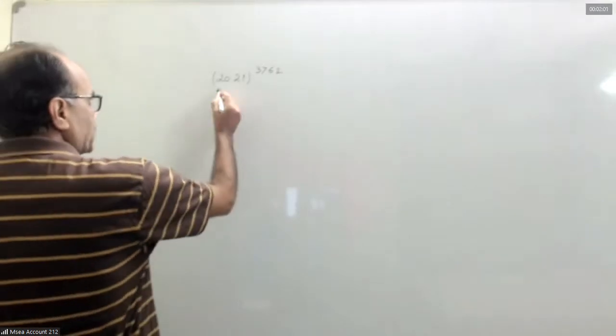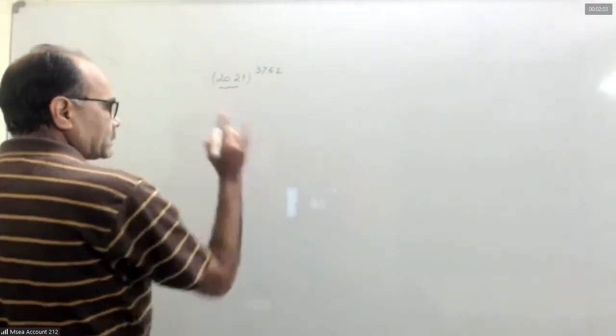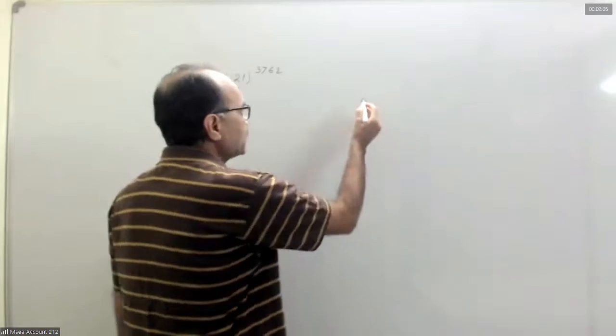See, first we have to write this in the multiple of 17 plus or minus some number. So we have to divide.